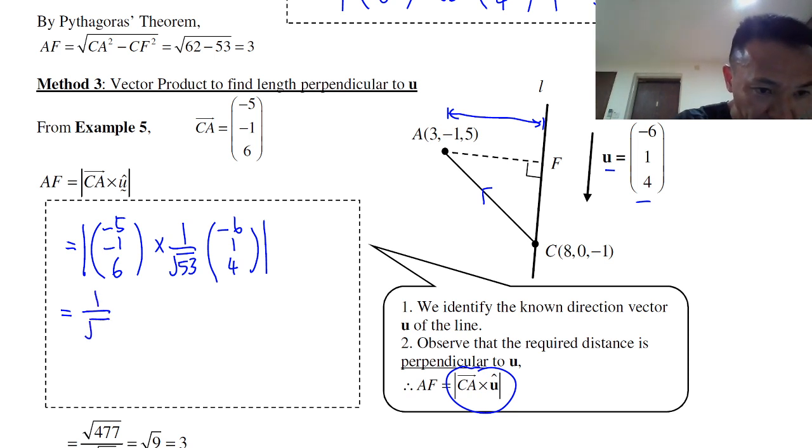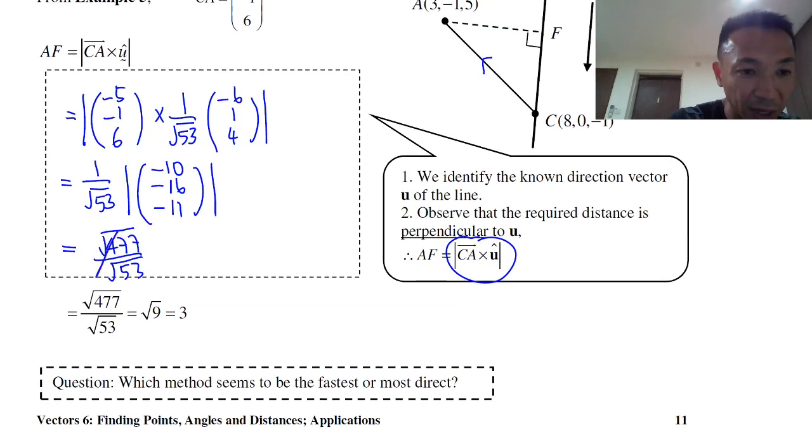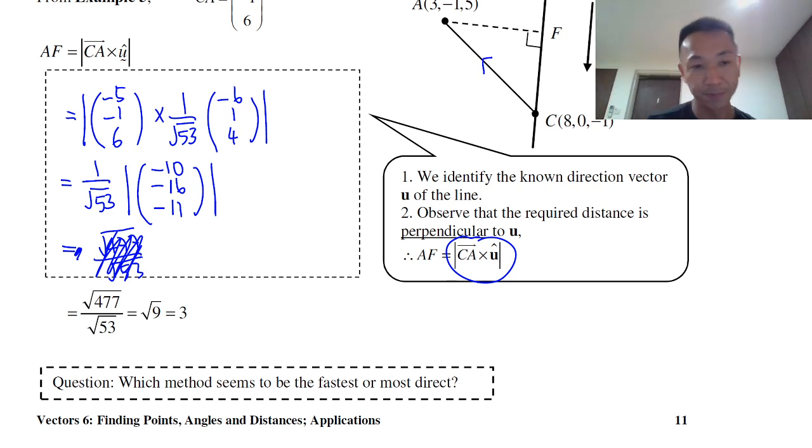I take the cross product and I get minus 10, minus 16, and minus 11. I get square root 477 over square root 53. Then from here you get root 9, done.